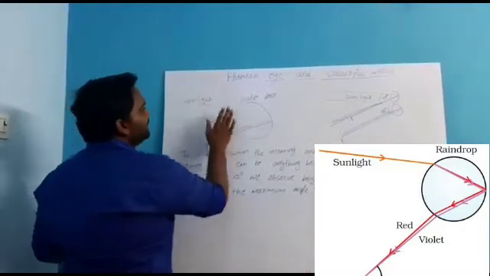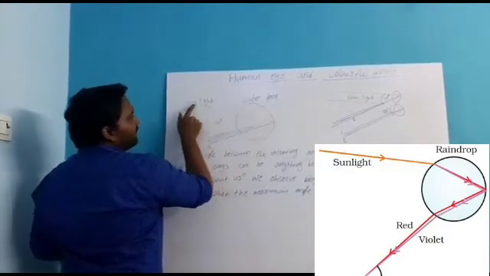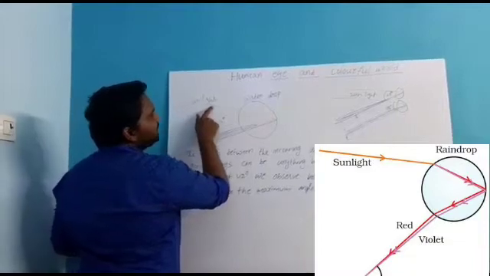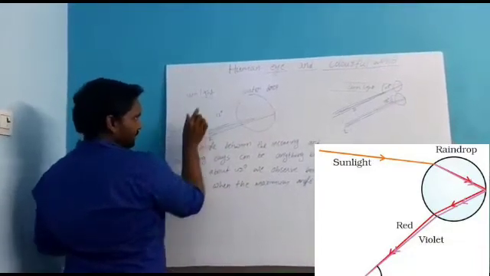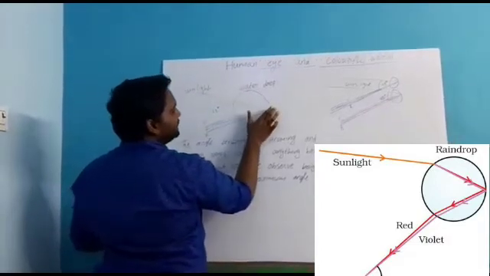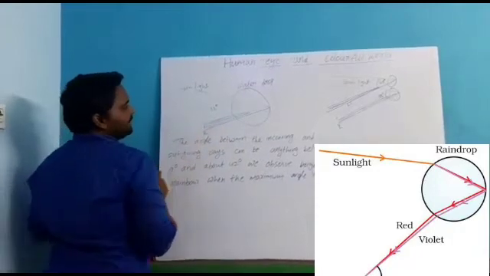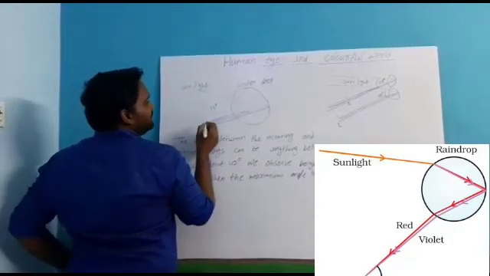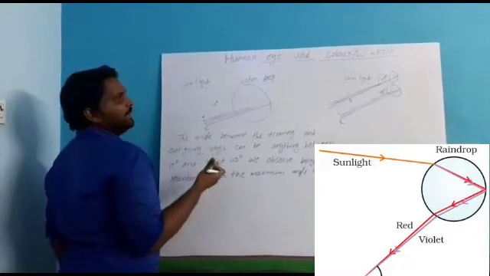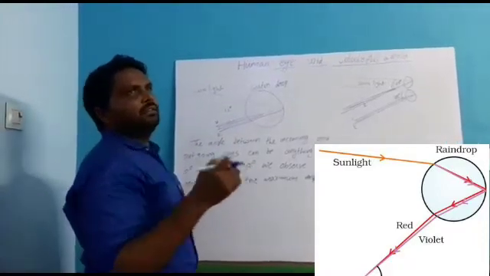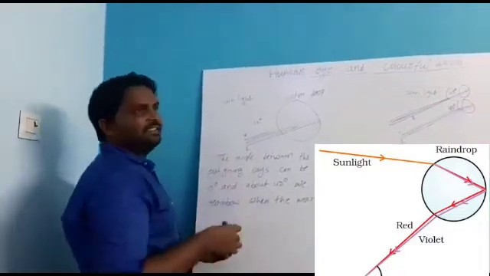See here, this is the way. For example, this is the water drop. The sunlight goes inside the water drop, and your eye will be here. When the light passes through the water drop, it will be refracted like this and enter your eye. First the violet will enter your eye, a very bright color, because it has very less wavelength.